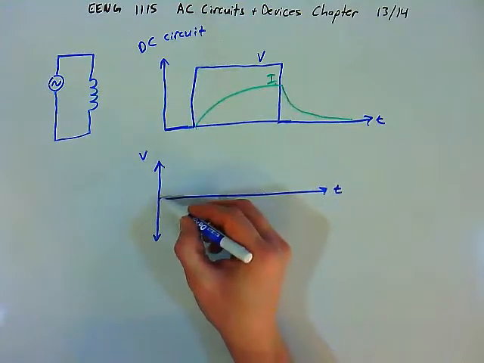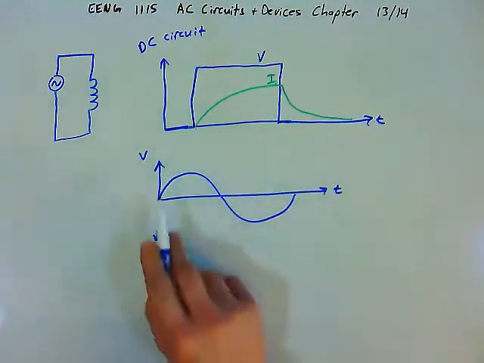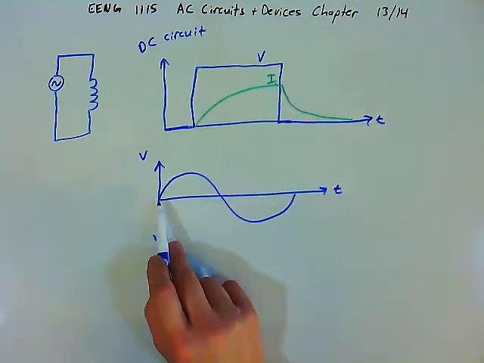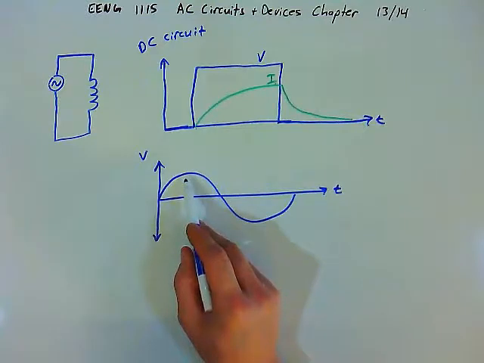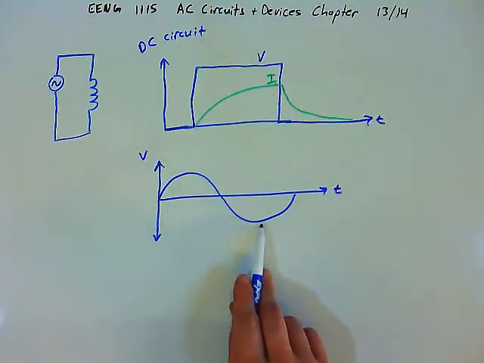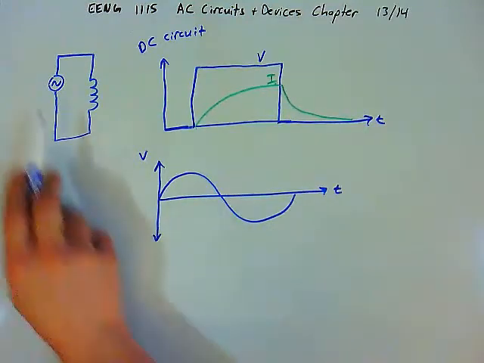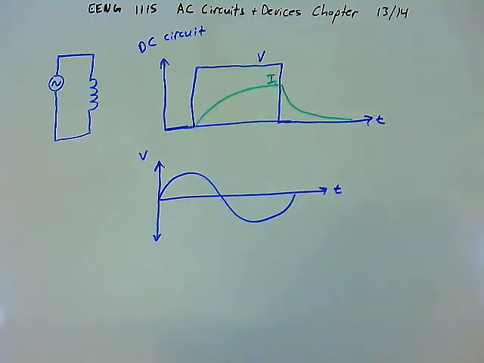In an AC circuit, however, we're going to see something that looks more like a sine wave, where the voltage never instantly changes from 0 up to maximum. It's changing slowly, and this is because of the rotating coil in the magnetic field. And sometimes the voltage is negative, right, so that the polarity has changed. So sometimes it's positive and minus, and sometimes it's minus and positive polarity.